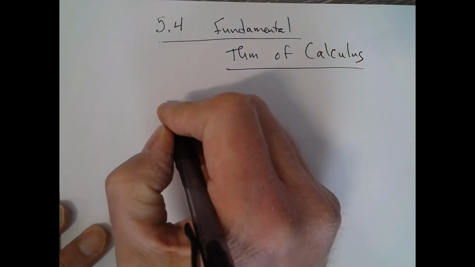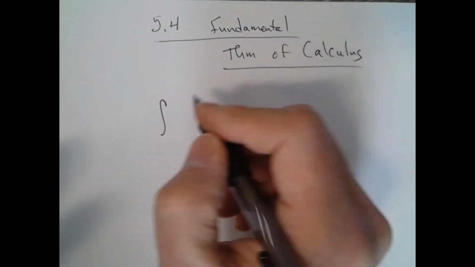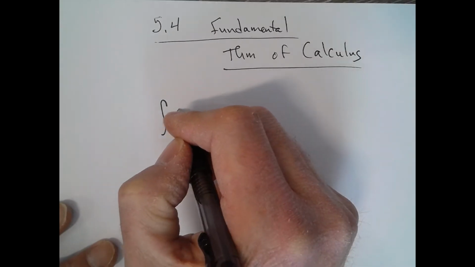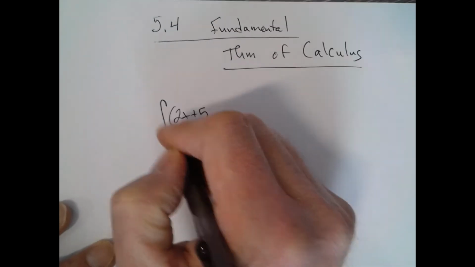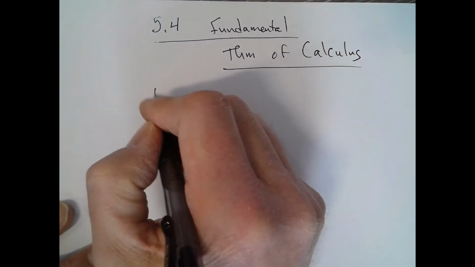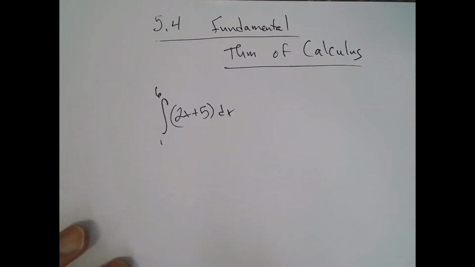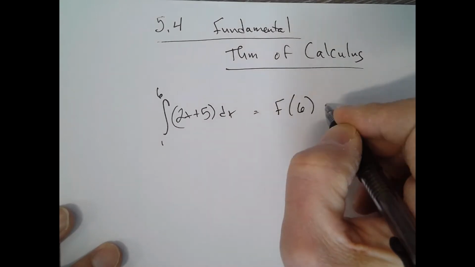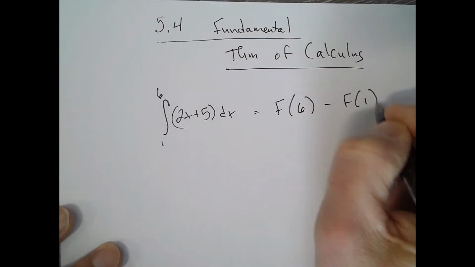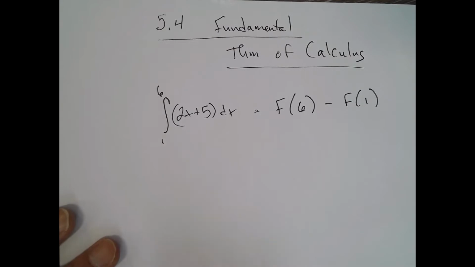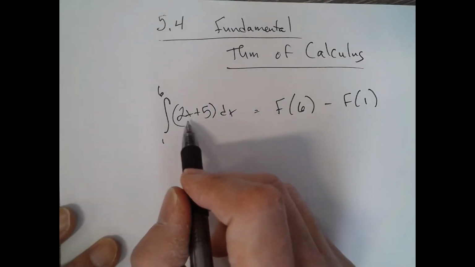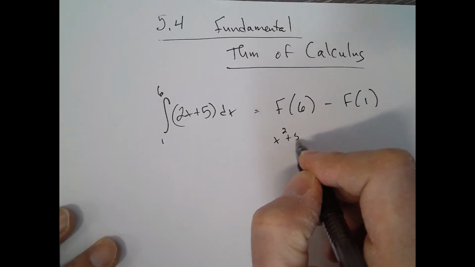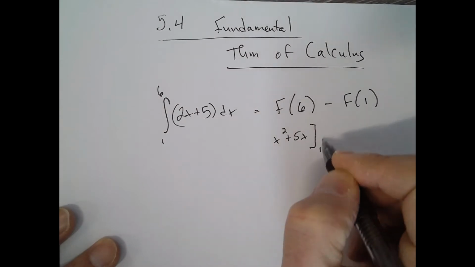So if you do the integral of, let's say, 2x plus 5 from 1 to 6, we can evaluate that by doing capital F of x minus capital F of 1. So finding the antiderivative of the function, it would be x squared plus 5x, and we're evaluating it from 1 to 6.